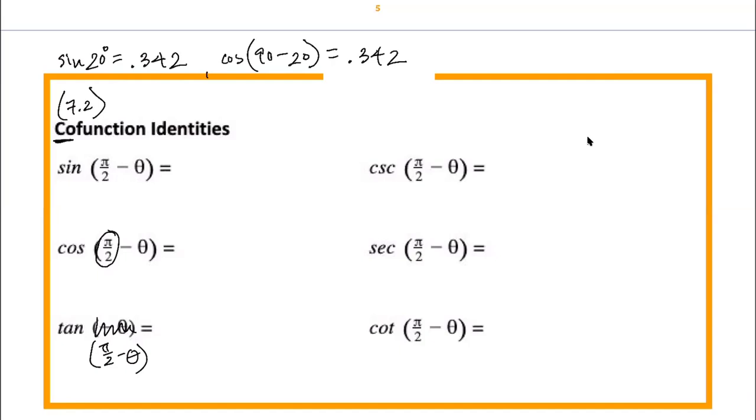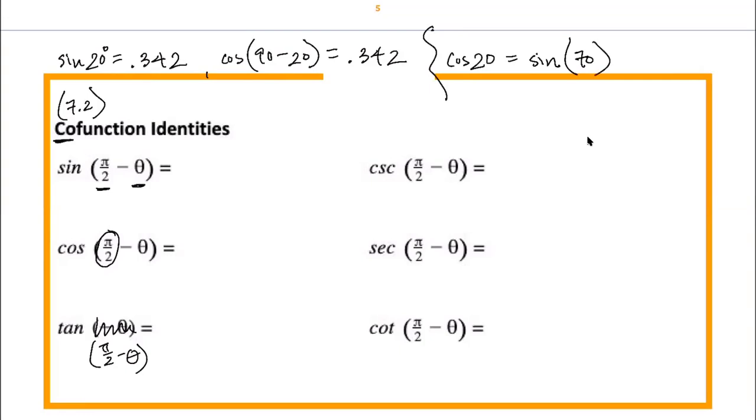If we say cosine of 20, what is that the same as? Would it be 90 plus 20? Let's see. So if I have cosine of 20, that should equal sine of 90 minus 20, or we could say 70.